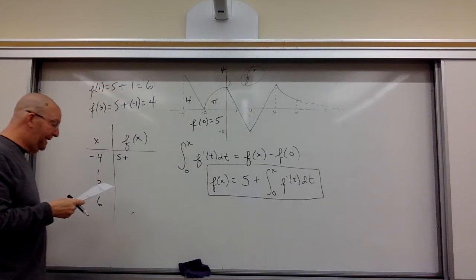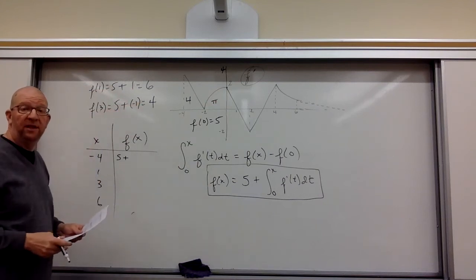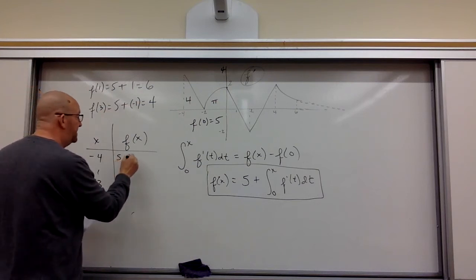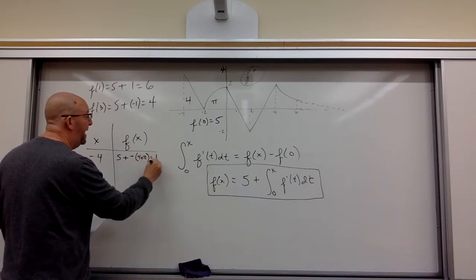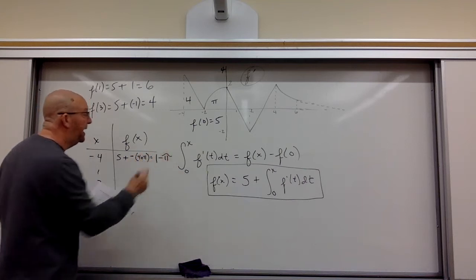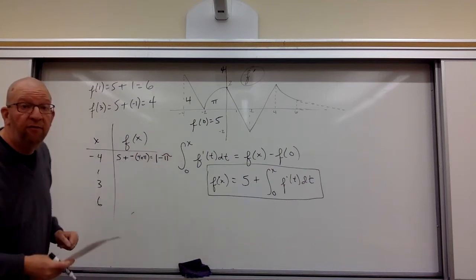So when we plug this in, we're going to get 5 plus the opposite of 4 plus pi. 5 minus 4 is 1 minus pi, 1 minus pi.